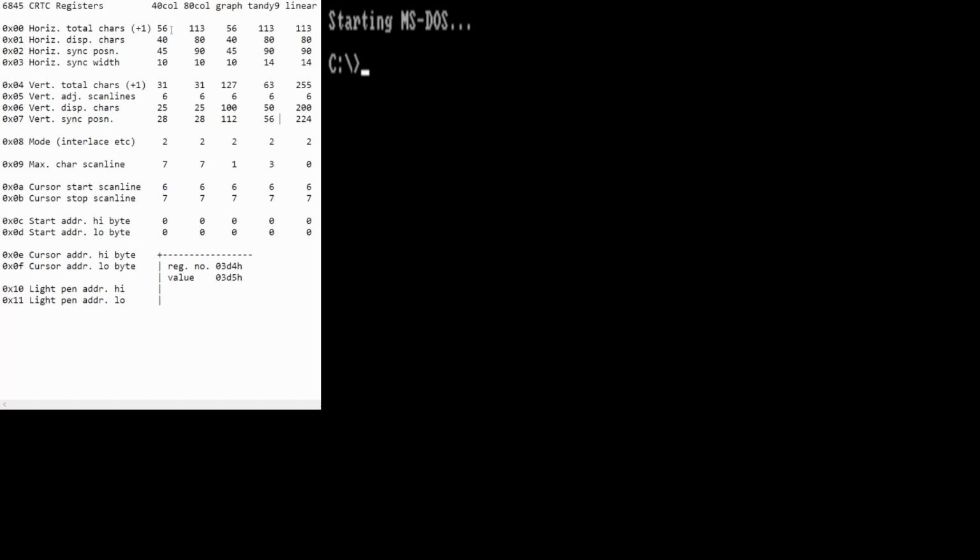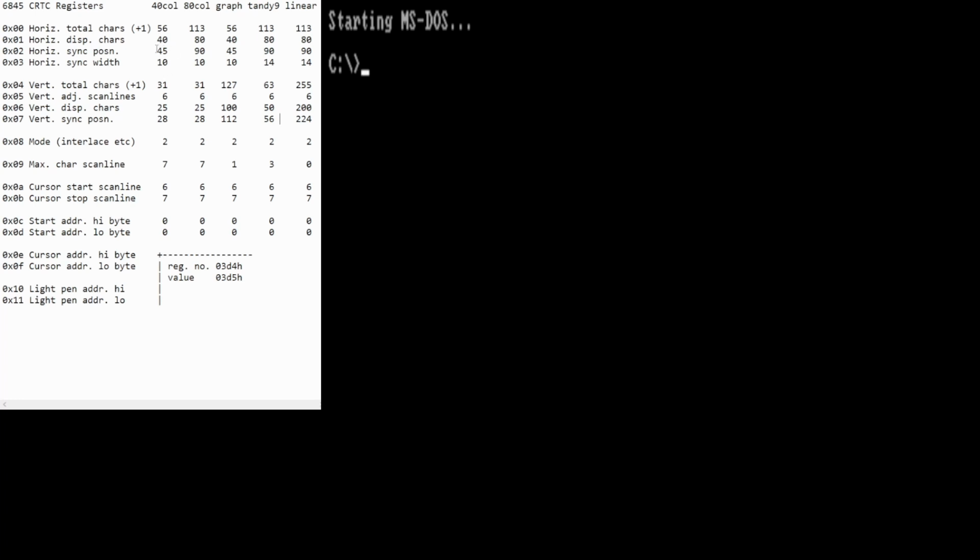First of all, the CRT controller is told to expect 57 characters across the screen in total. This is 56 plus 1, it's always this value plus 1. And this includes the horizontal overscan region. Of this 57, 40 are in the active region where the characters are actually being displayed.